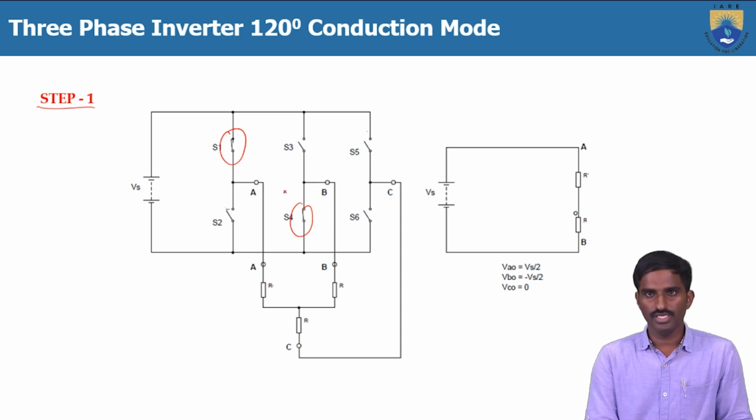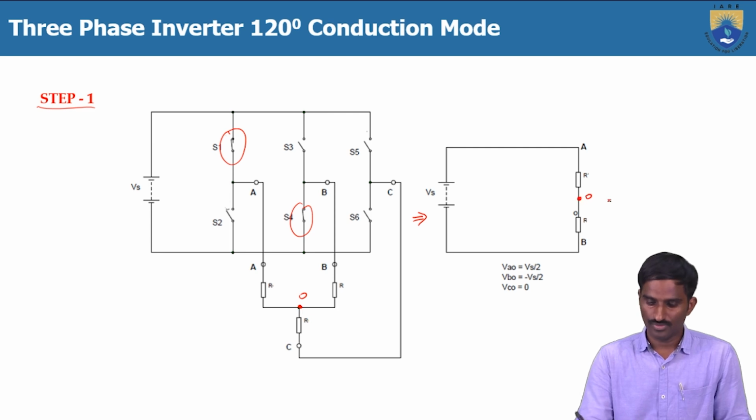Then if you redraw the equivalent circuit for this one, the switch 1 is connected to phase A. This is the upper switch, and phase B is connected to switch 4. This is the lower switch, and in between there is the neutral point, which is 0. So VAO and VBO: VAO positive, negative, and here also positive, negative.